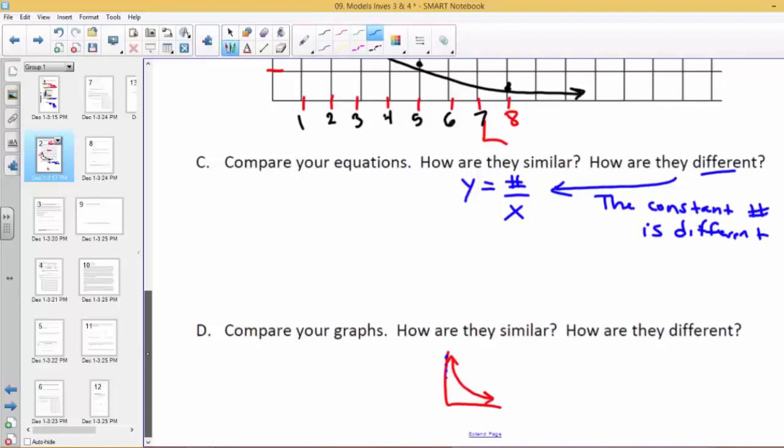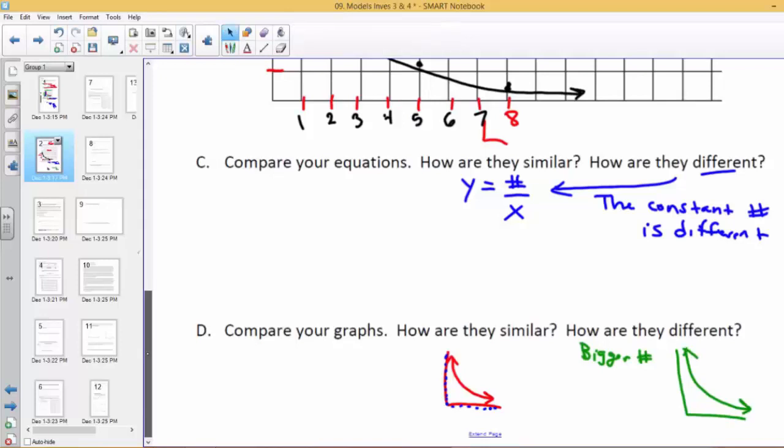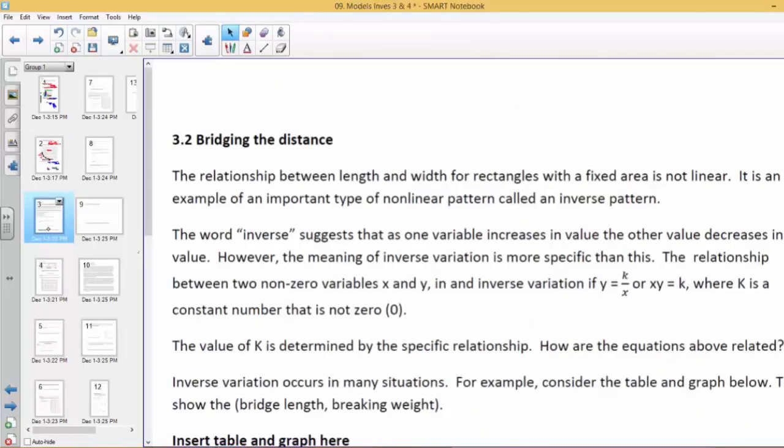These are those little asymptote things. How are they different? The bigger the number, the steeper that they start, whereas smaller numbers are flatter. So you might have something more like this. That might be a smaller number. They're all going to sort of converge to 0.